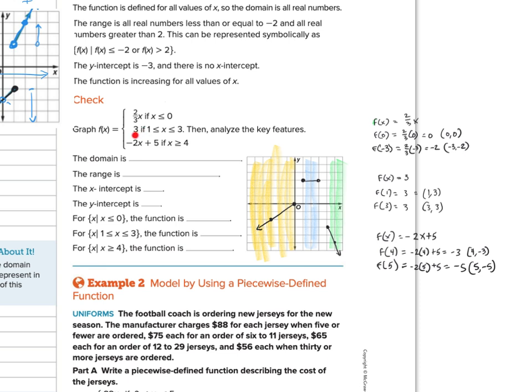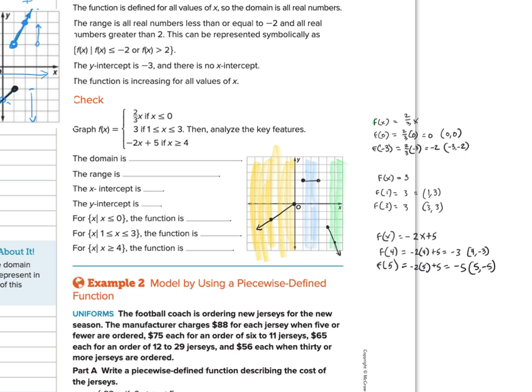The next portion is f of x equals 3. It doesn't matter what I plug into that function, y is going to be 3. It's going to be my output, so I would have (1, 3) and (3, 3), and those two are included. I drew a line in between because all points in between are included.